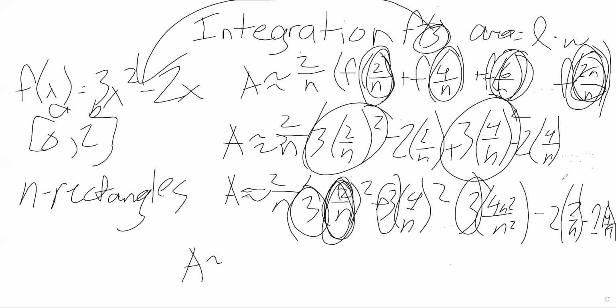So what I mean is that your area will equal the 2 over n times 3 times 2 over n. Sorry, I actually made a mistake. You shouldn't be pulling that out yet. You can pull out the 3, but you want to distribute the squared in first.